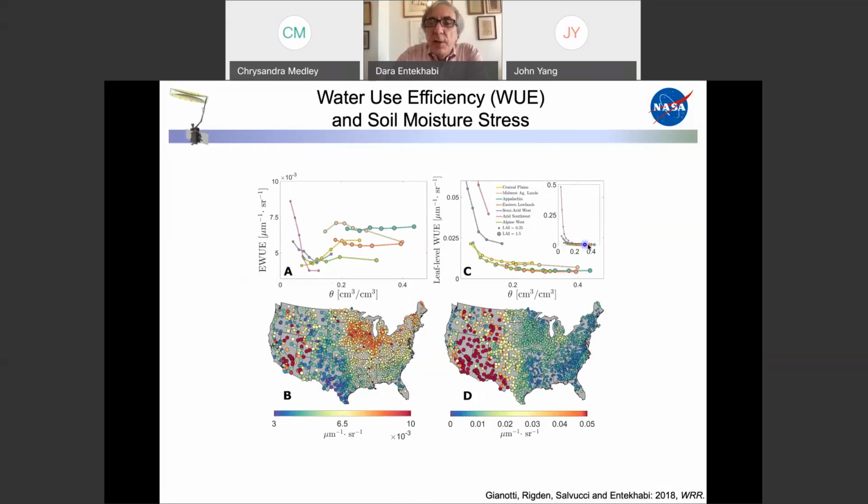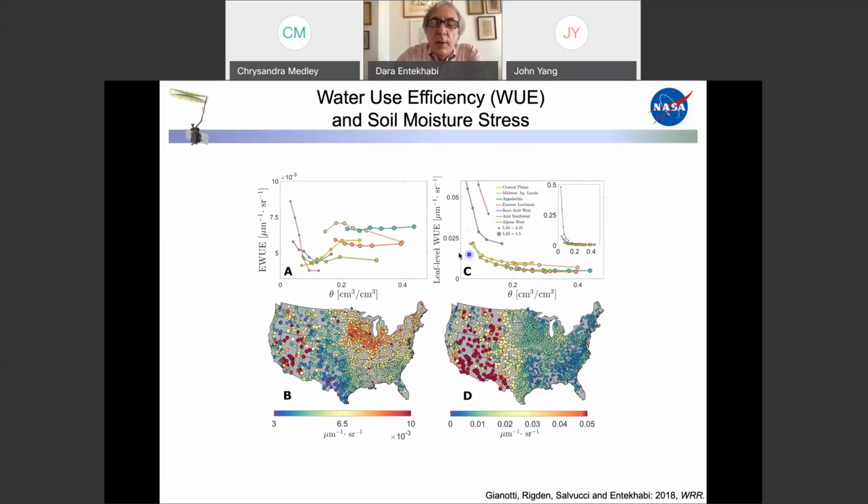It's got a very strong hyperbolic behavior, and this is just a close-up from 0 to 0.5 of the same figure on the right. So it's a very strong hyperbolic behavior. What this says is that as the plants become stressed with water stress, they become much more efficient in exchanging water for carbon, and assimilate a lot more efficiently at low soil moisture levels.